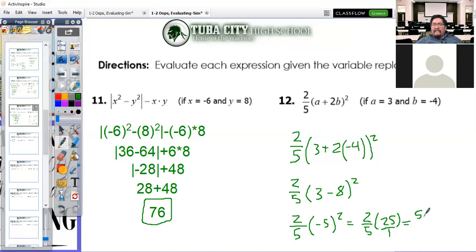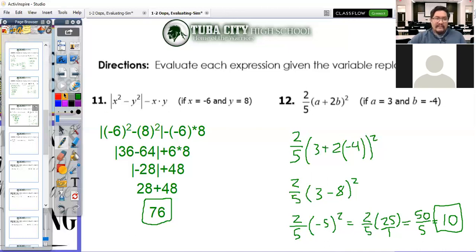So 25 times 2 is 50. 5 times 1 is 5, so that'd be 50 divided by 5, which in this case would just be 10. So there we go, we got that one done.